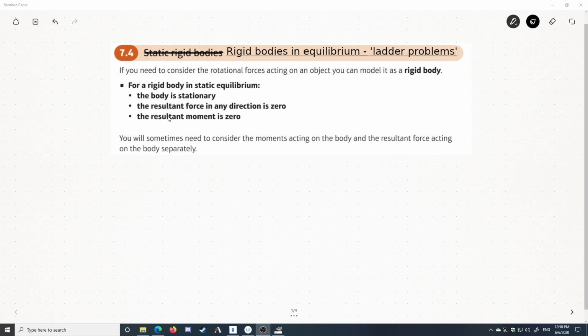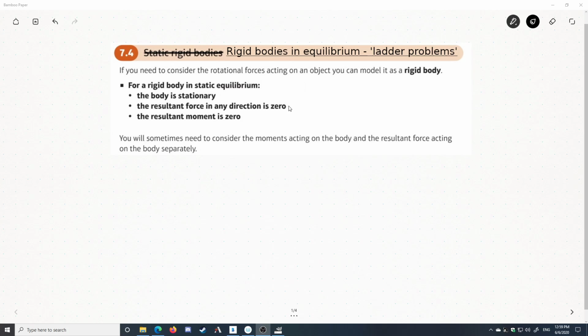And what that means is that the resultant force in any direction is zero, and that the resultant moment about any point is zero. Typically these questions have three parts to them, or there's three lines that you need to look at in your working, and usually using a combination of these three things will get you to an answer.